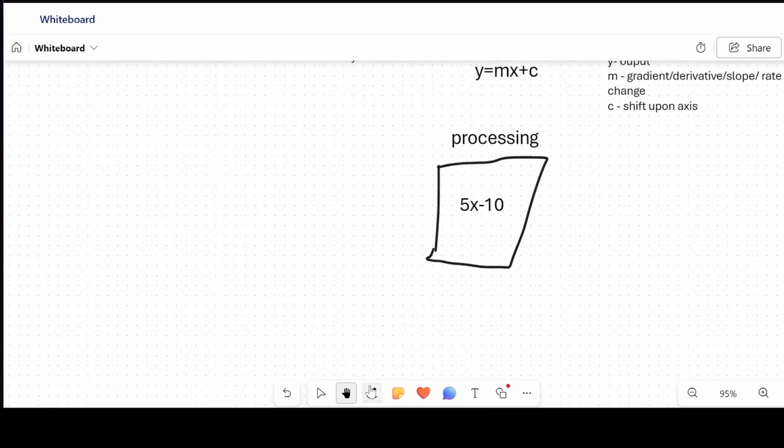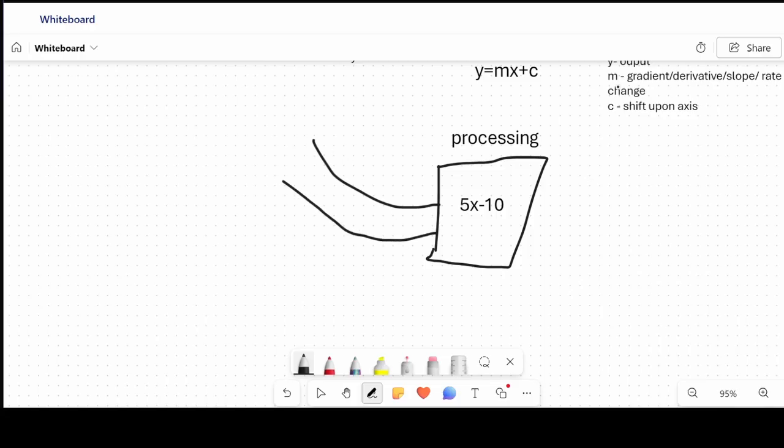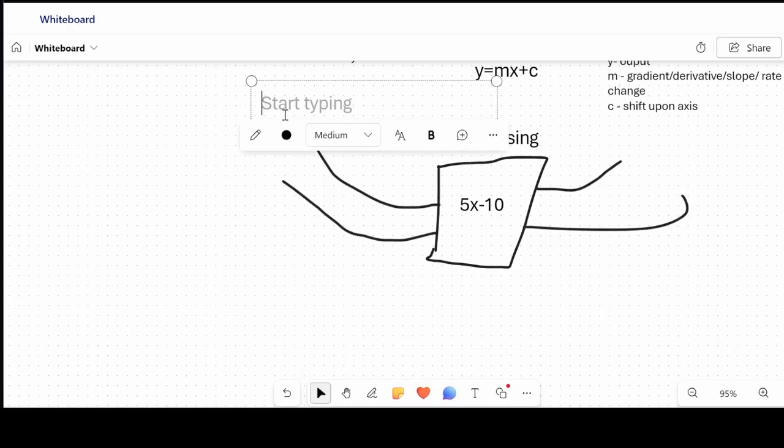Our input will be here, and as I've stated, our input in this case is x. In most cases, our input is x. And then we'll put our output block here.